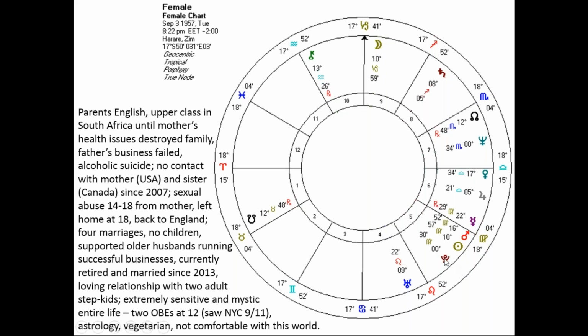The ruler of Pluto by sign is Mercury, which is retrograde in Virgo's 6th house. The ruler of Pluto by its own house is the Sun, which has Mars in a new phase conjunction to it right here in Virgo as well.